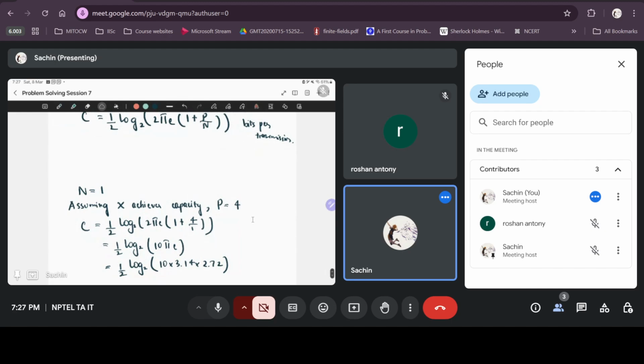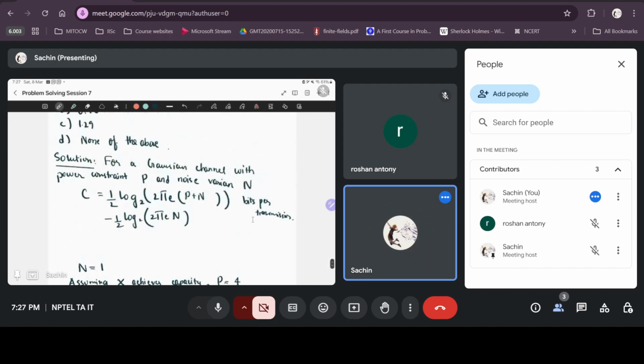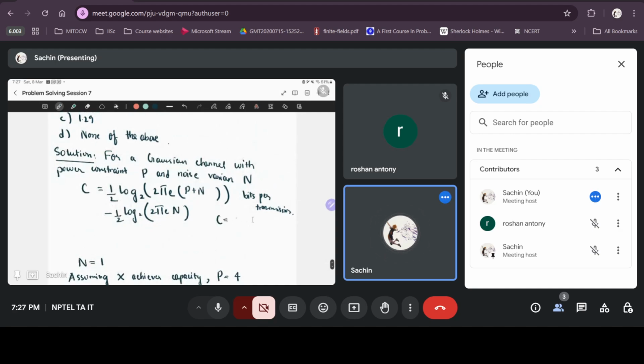It's half log of P plus N minus half log of 2 pi e N. That's because capacity is the max of I(X;Y) with the input power constraint E of X squared less than or equal to P. This is the max of h of Y minus h of Y given X.